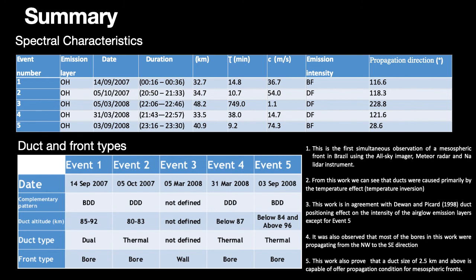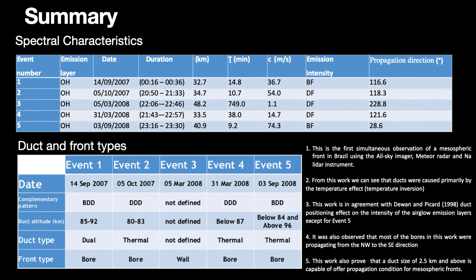This is the first simultaneous observation of the mesospheric front in Brazil using the all-sky imager, meteor radar, and LiDAR instruments. From this work, we can see that ducts were mainly caused by the temperature effect, that means more thermal ducts. This work is in agreement with Dewan and Picard 1998 on the complementary pattern.